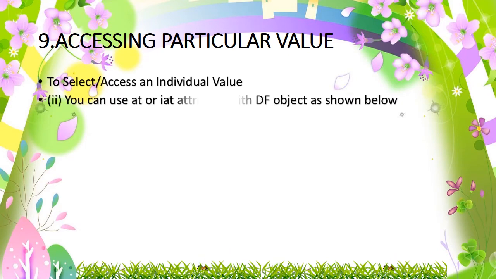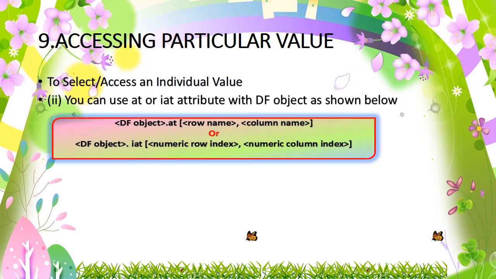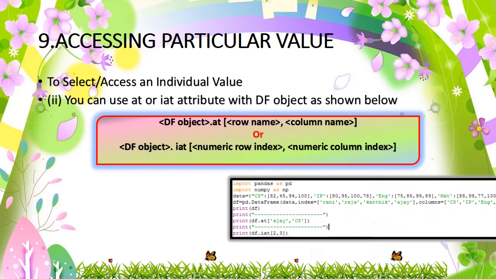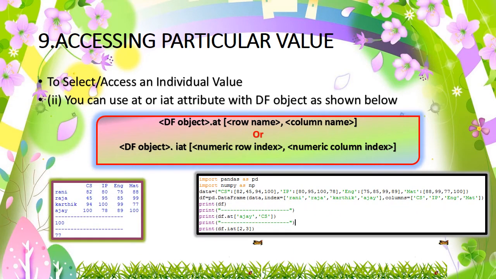Another method we can use is the at or iat attribute for accessing single values. The syntax is data frame object dot at square bracket row name comma column name. Otherwise you can use iat, which means numeric index; row index and column index we should give. See the example: the data frame is printed, and data frame object at Ajay comma CS.